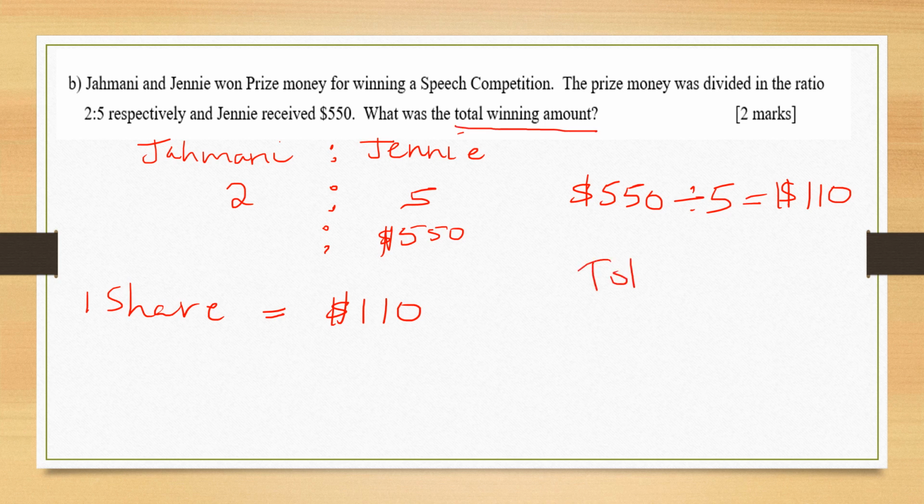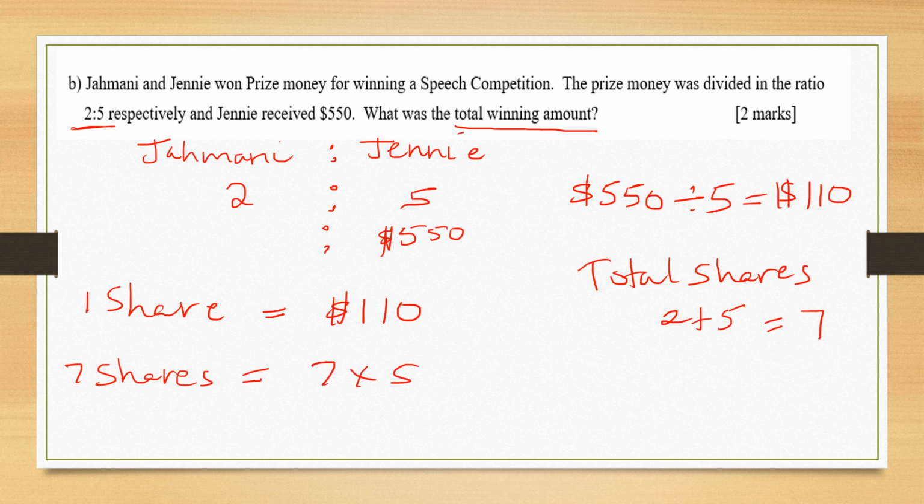So total shares will be 2 plus 5, because of the word total, which is 7. So 7 shares would be 7 times 110, which is $770. So that's the total.